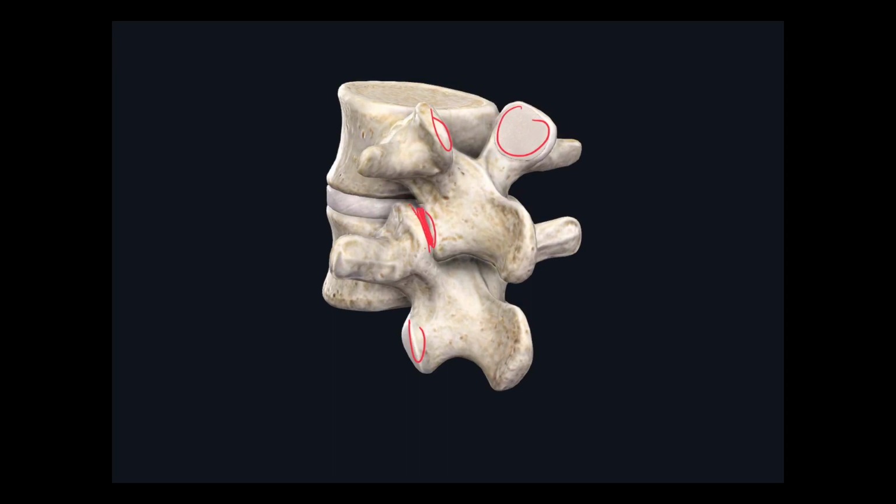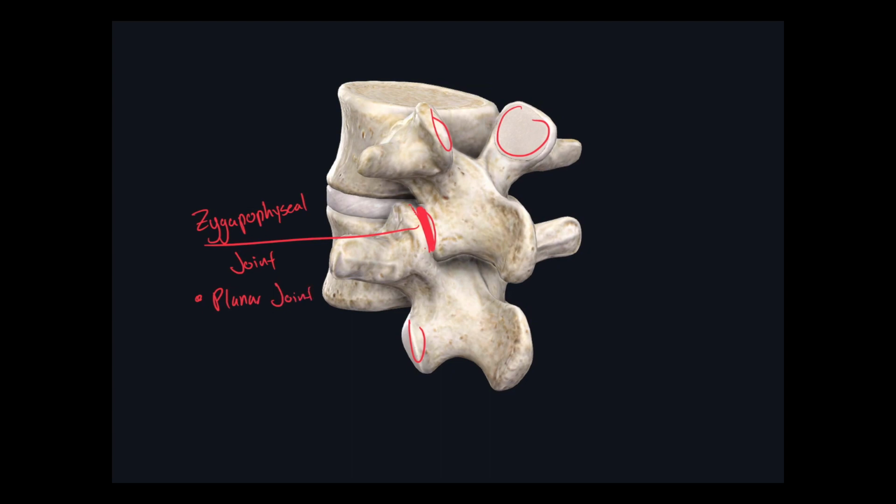These joints form between this inferior and then the superior of another vertebra. This is going to be called the zygapophyseal joint. The classification for this joint is a planar joint.